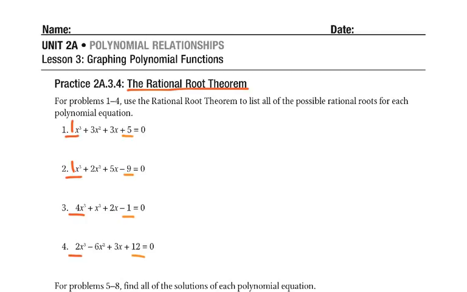So, what you do is you take the coefficient and find all its factors. In this case, just 1. Then we take the constant, find its factors, which are 1 and 5. Okay? Then we make a fraction of them.